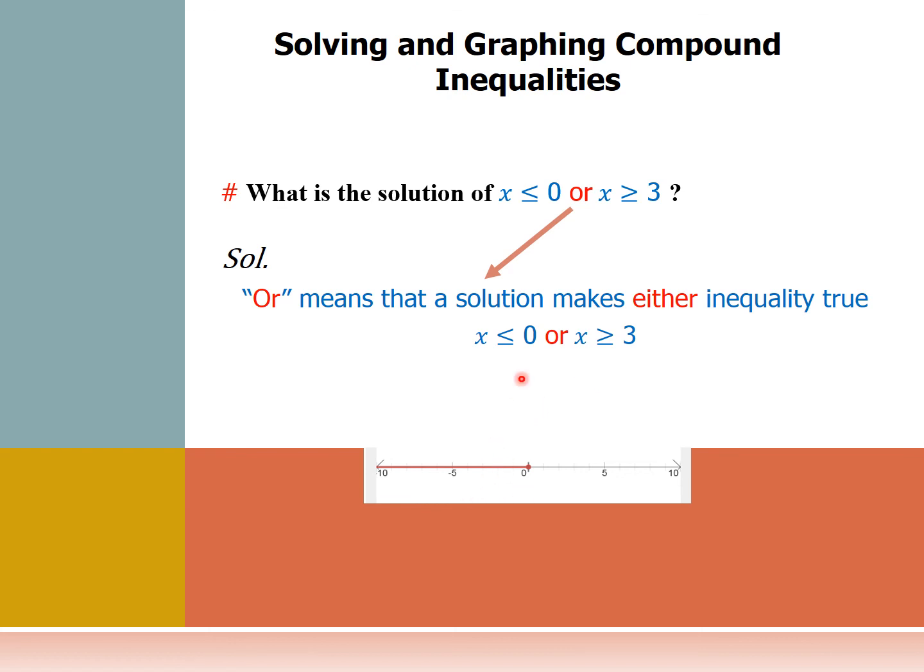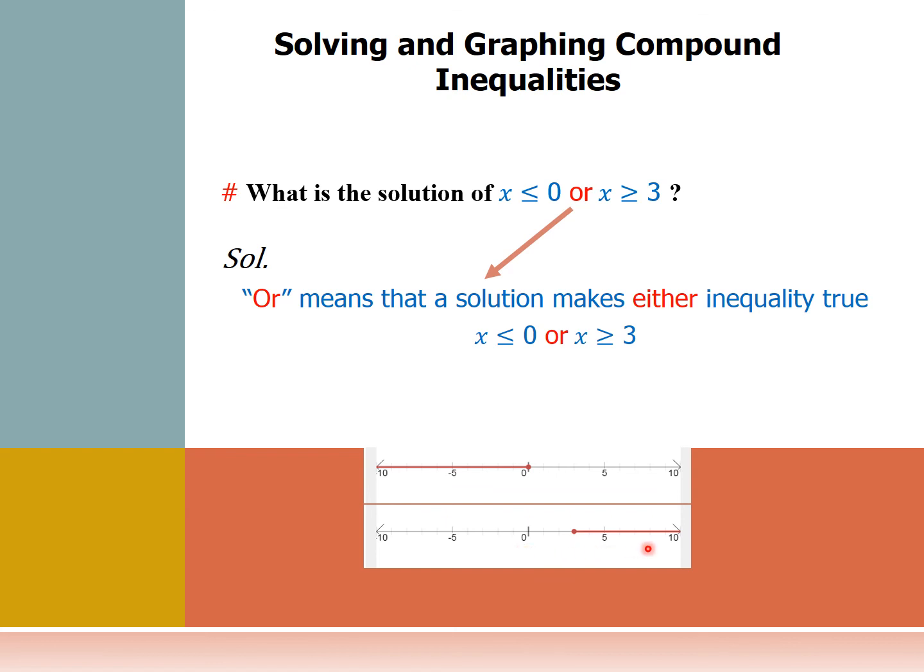Now how do we find the graph of the solution? Here we have the graph of the first inequality, x less than or equal to 0, and this is the graph of the second inequality, from 3 and up.